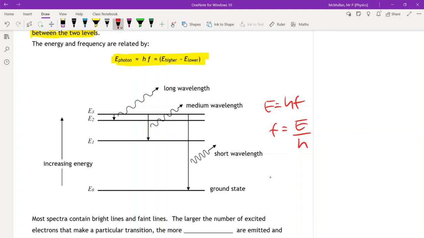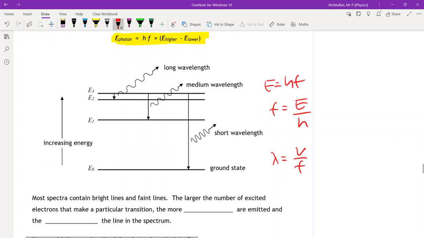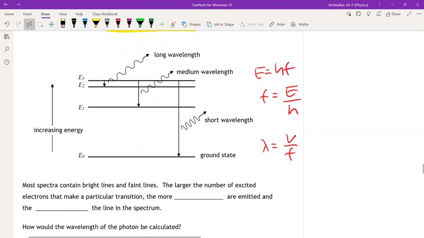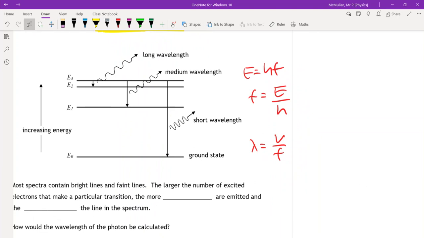And you need to remember lambda equals v over f, and v is constant, the speed of light. So that would be the process you would go through to figure out the wavelength of the light that's being emitted.